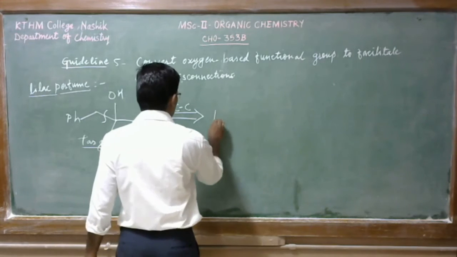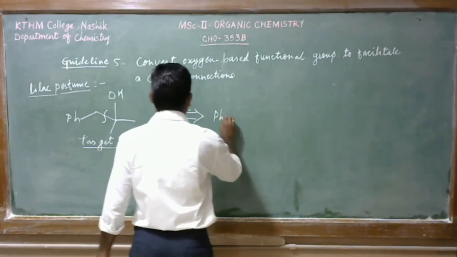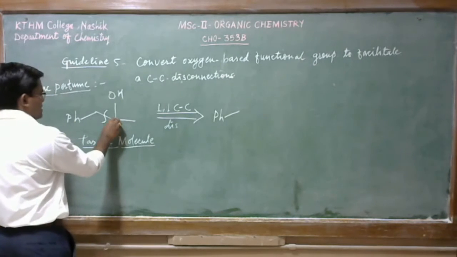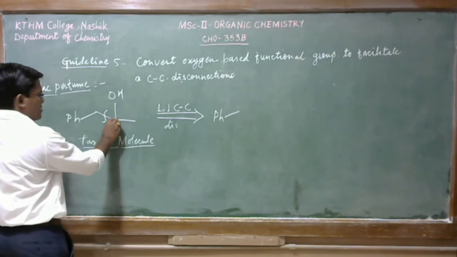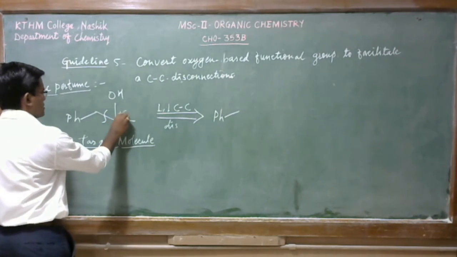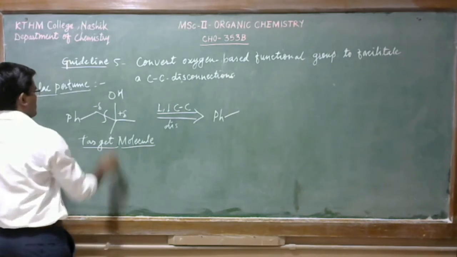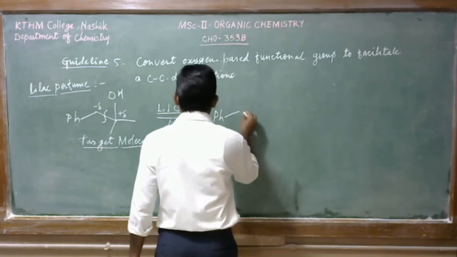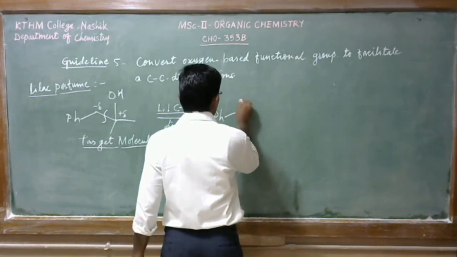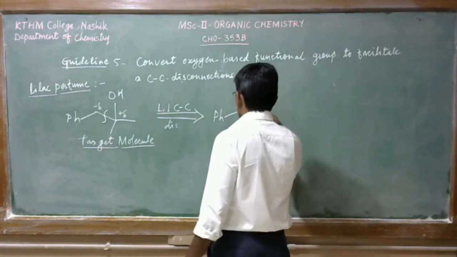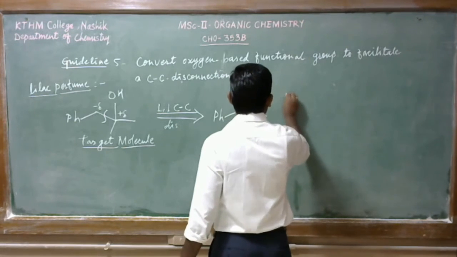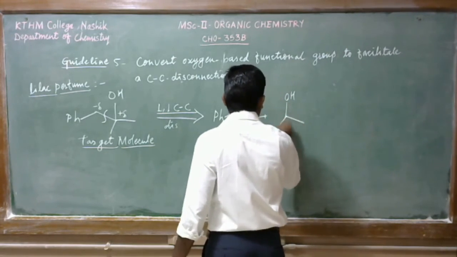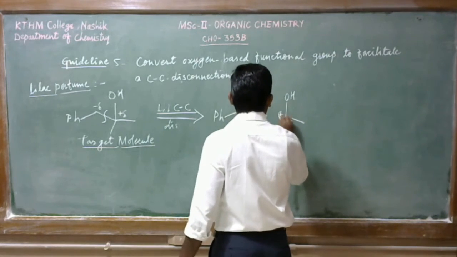So we would generate synthons. Naturally this carbon has a partial positive charge, and this would have a partial negative charge.